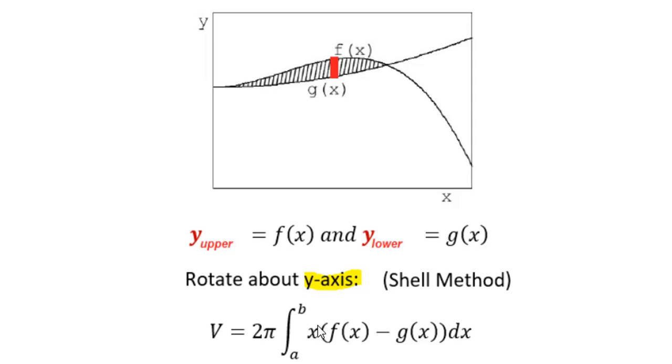In other words, when the shaded area is not bounded by the x-axis but is rotating across the y-axis to form a volume, when you use the shell method, the height will be the difference of two functions. So this will be the formula.